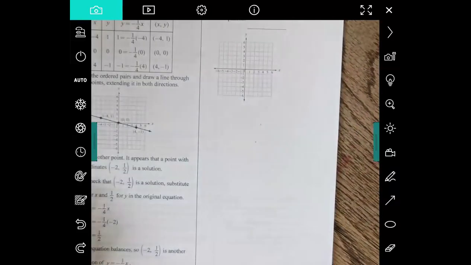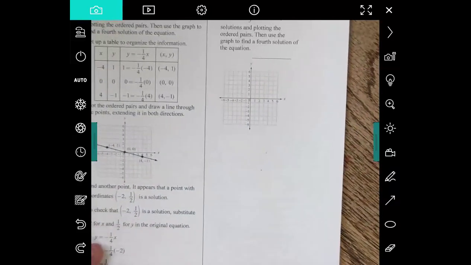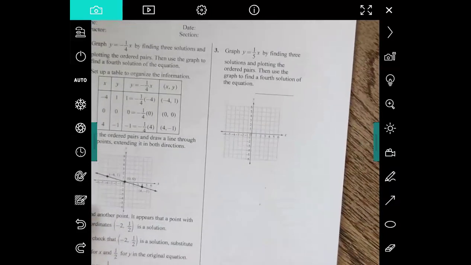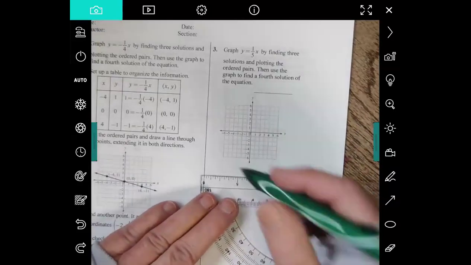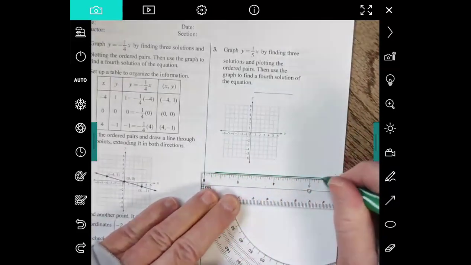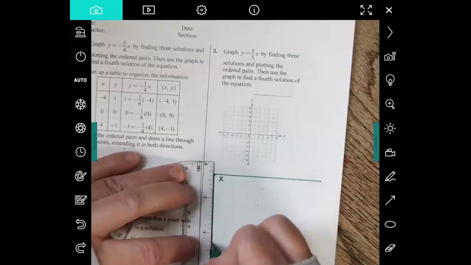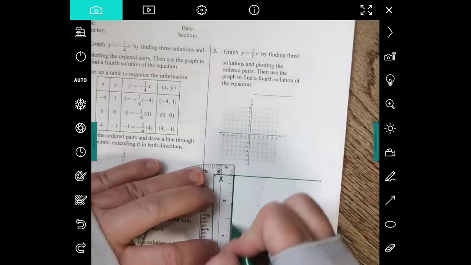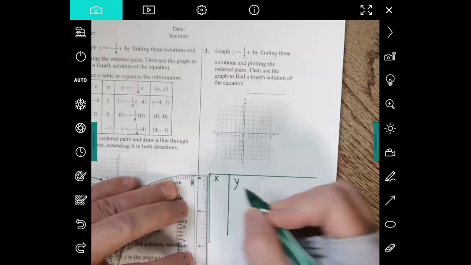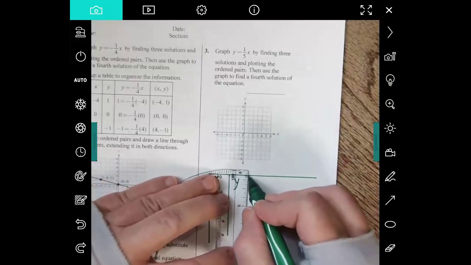Next page. Graph this. Ooh, we're going to have to be really careful on this one. I can already tell. So since we're going to do the graphing, I'm going to make myself the table. And I need my X. And I need my Y. And then I need my equation.